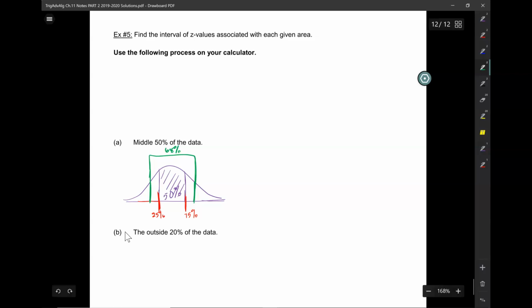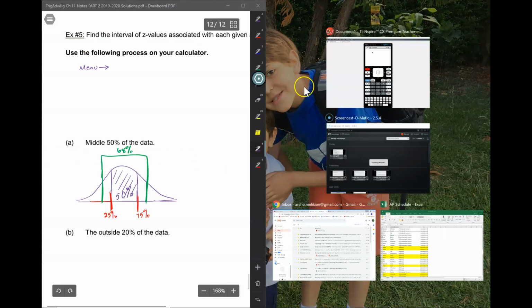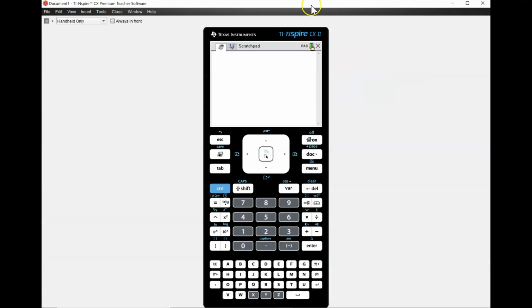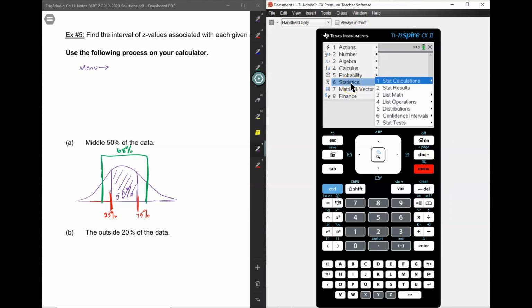Okay, so what we're going to do is this. On our calculators, we're going to write this down here. We're going to press Menu in the scratch pad. So let me show you here. We're going to press Menu and then Statistics, right?